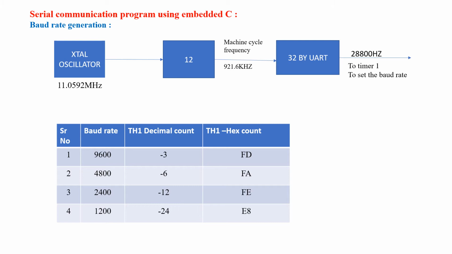So -3 means 0011. Now the negative sign indicates that we take the 2's complement of 0011. So the 2's complement of 0011 is 1101. So 1101 means FD.